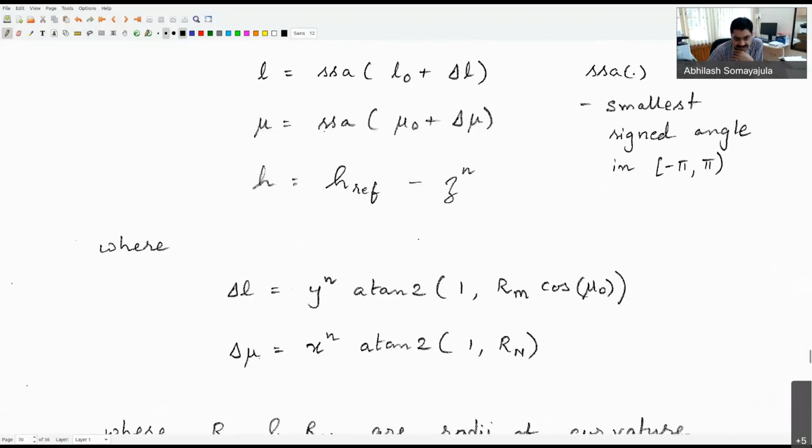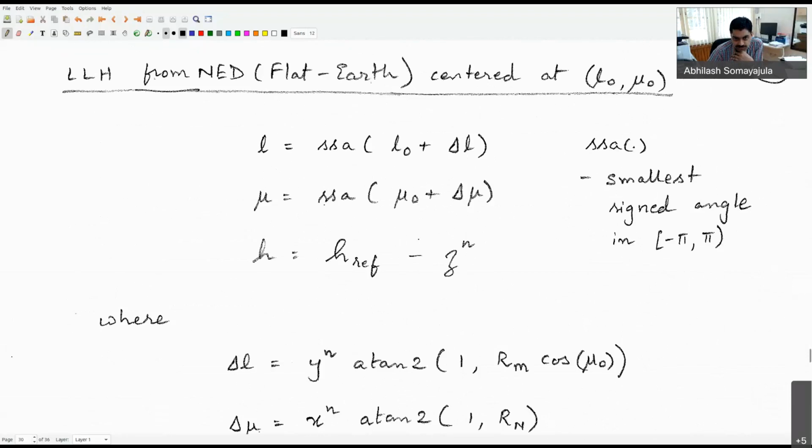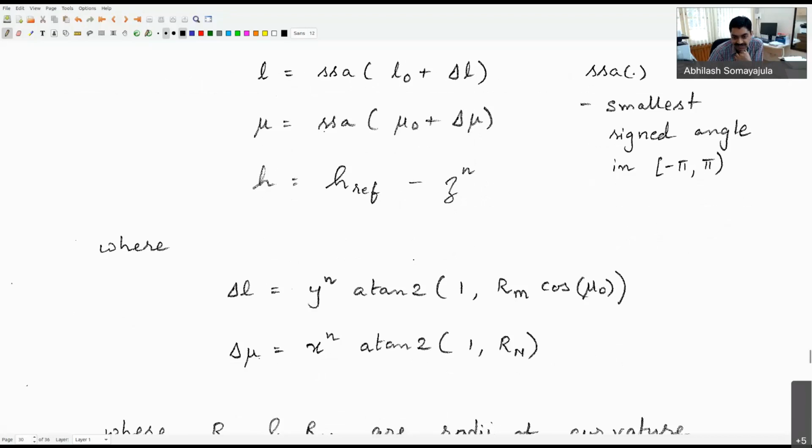And we looked at how this is performed. So if we know how much the vessel has moved in the NED frame, we can compute delta L and delta mu as the change in latitude and longitude as the ship moves about in the NED frame.